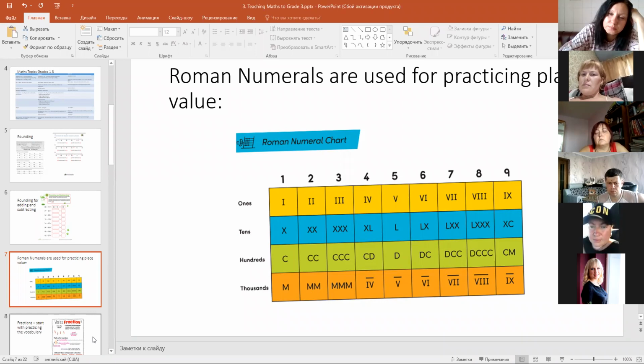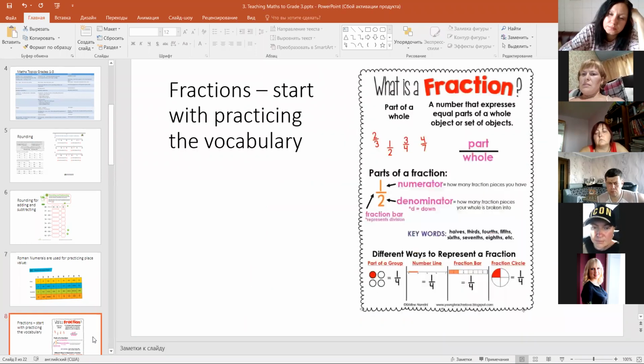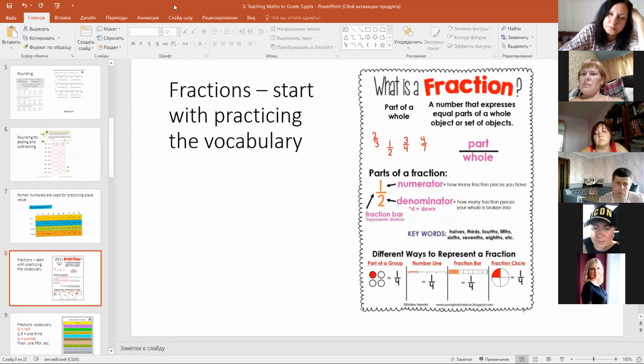Okay, so another new topic which we will start this year with the 3rd grade is fractions. And again, Anya's and my idea is that we need to pay more attention to the vocabulary of the math operations.